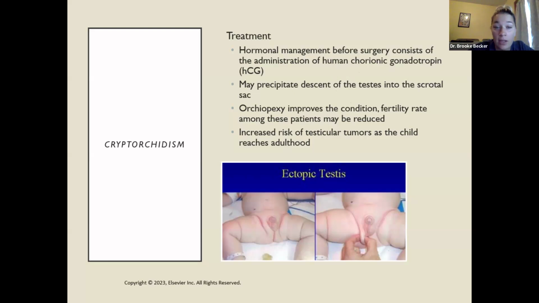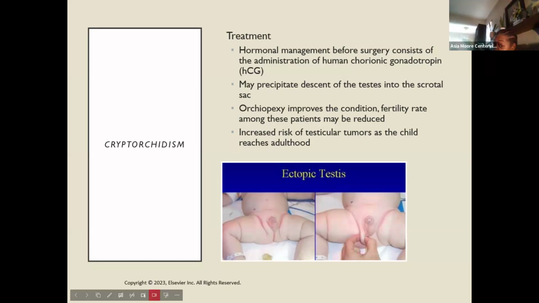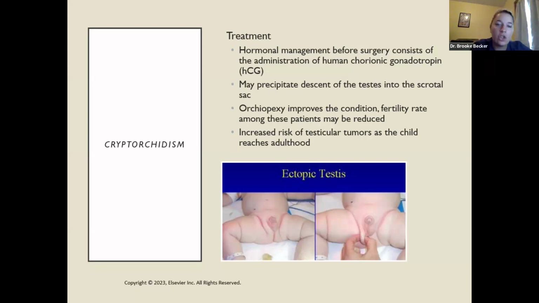If kids have an undescended testicle or cryptorchidism, they are at increased risk for testicular cancer later in life. And this is showing you an inguinal hernia in this picture. So here's your inguinal canal, and then it's perforating through. You said the orchiopexy is a what? It's a surgical procedure.